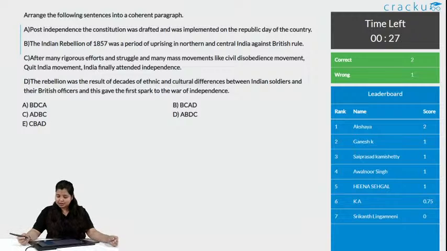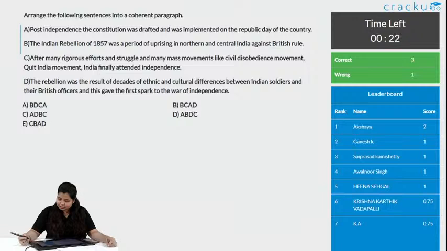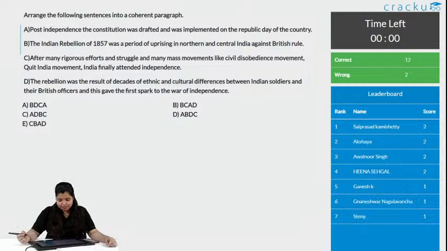Okay, 2 people got this correct and 1 wrong. Okay, the time's up and we have 14 correct answers and 4 wrong answers, and that's really nice.